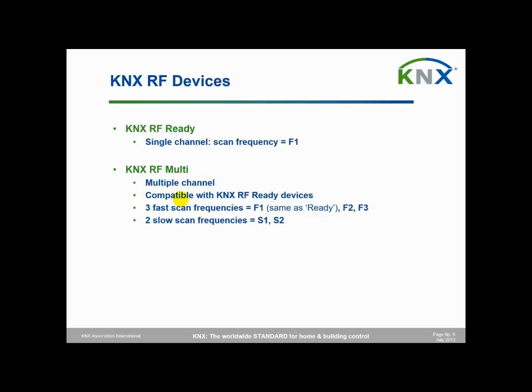But as such, multi devices can also switch to other scan frequencies like F2 and F3. Those are the fast ones, and there are also two slow ones in case this would be applicable.